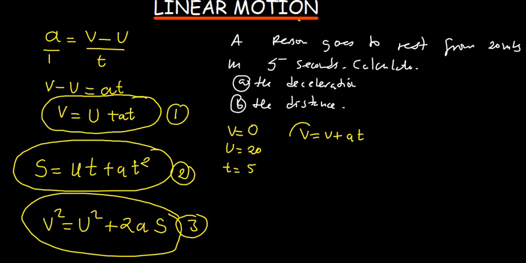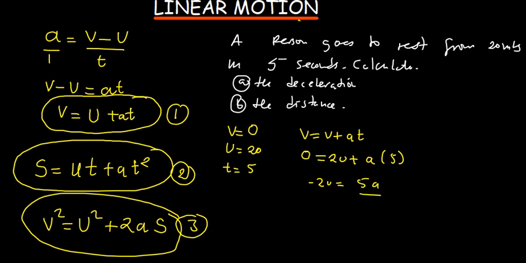So the final velocity which is being given is 0 because it goes to rest, and then the initial velocity is 20, and then plus acceleration we don't know, times time, the time is 5. So I'm going to take this 20 the other side, so it's going to become negative 20, and that is going to be equal to a times 5, that is going to be 5a.